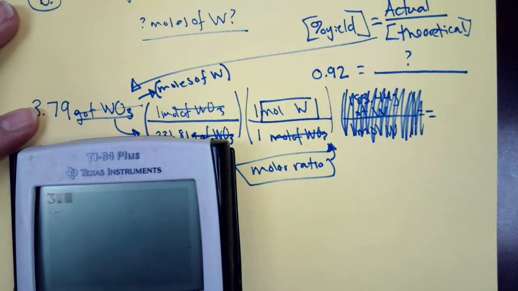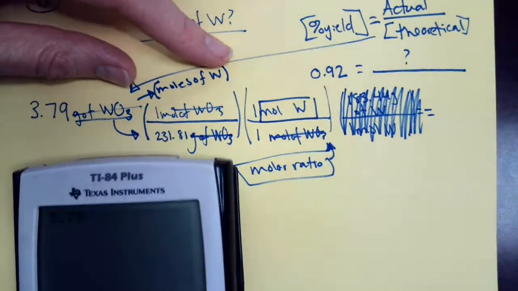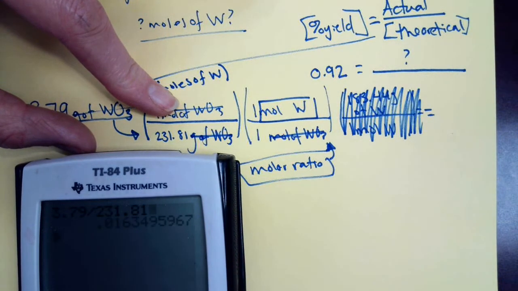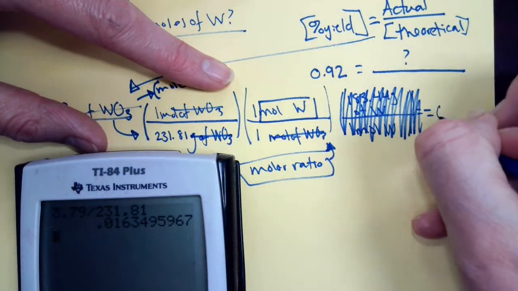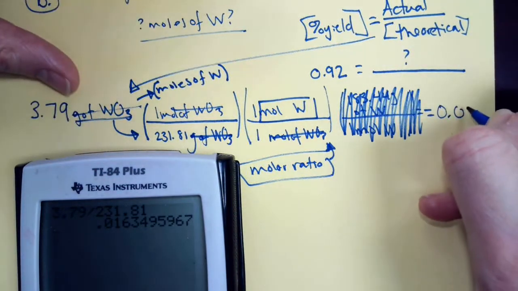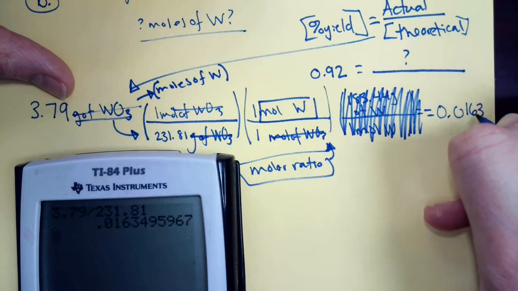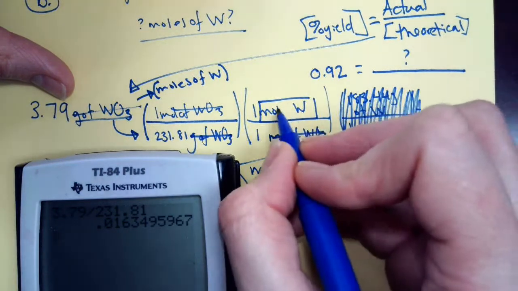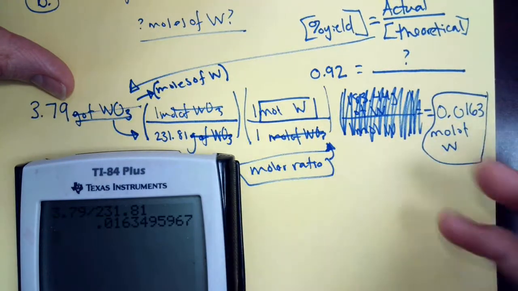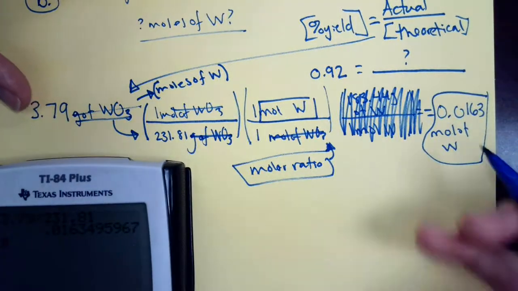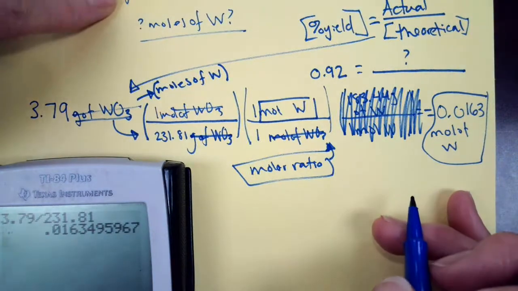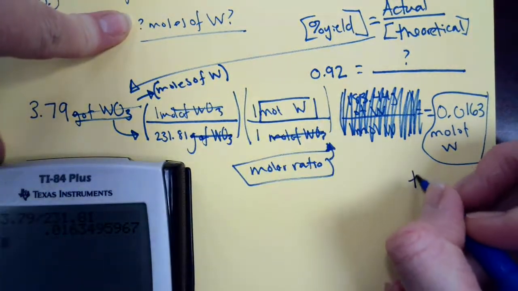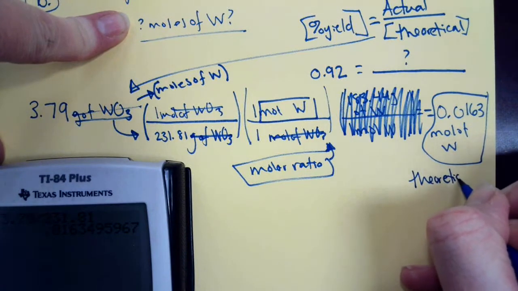So let's actually go 3.79 divided by 231.81. It's 0.0, and we've got 3 sig figs, so 163 moles of tungsten is my unit from here. All right, now what I want to do is I'm still looking for the actual, and this is just the theoretical yield.